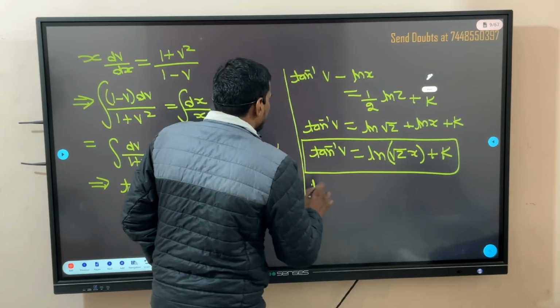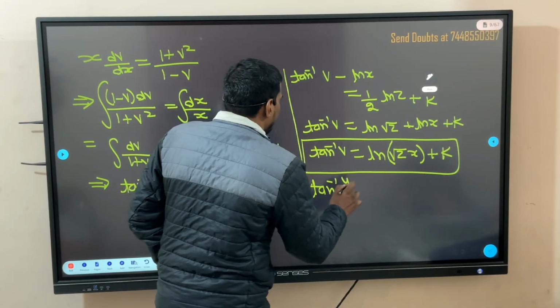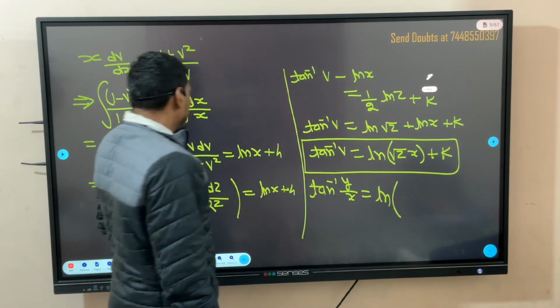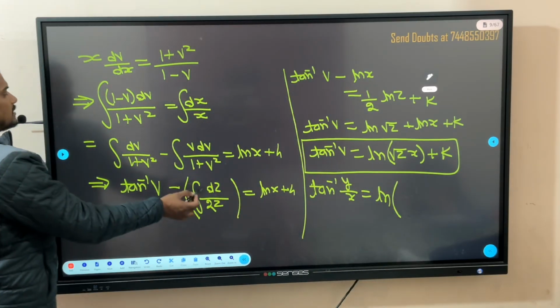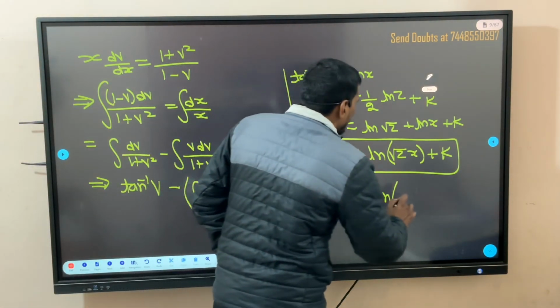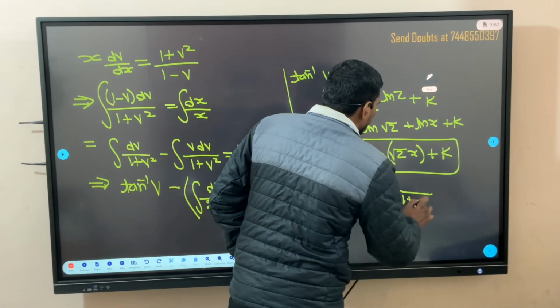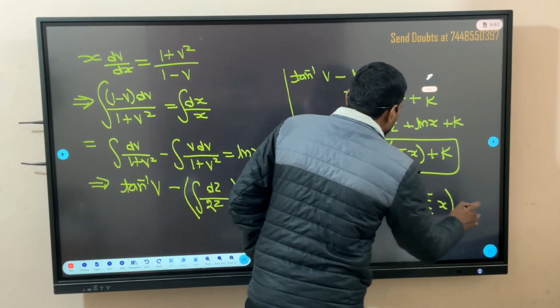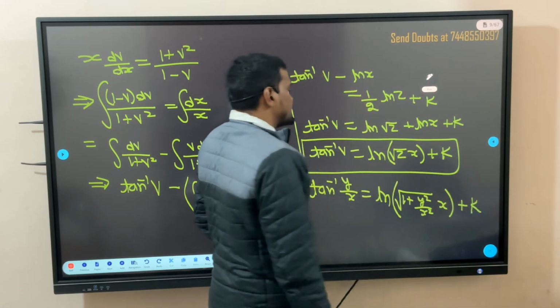But we will substitute tan inverse of v as y by x, ln of root z. What is z? z was 1 plus v square. So root over 1 plus v square, that is y square by x square, into x plus k. That's your answer, guys.